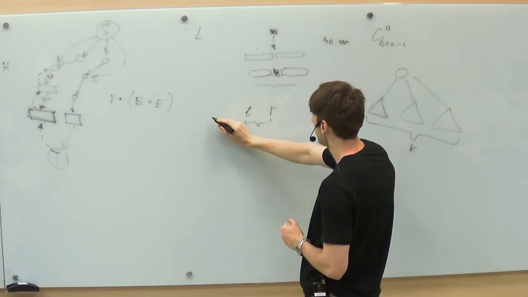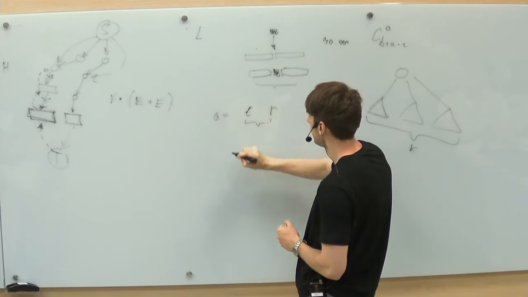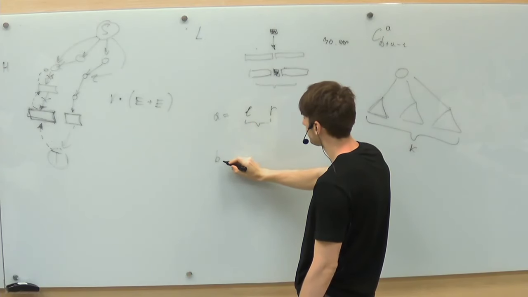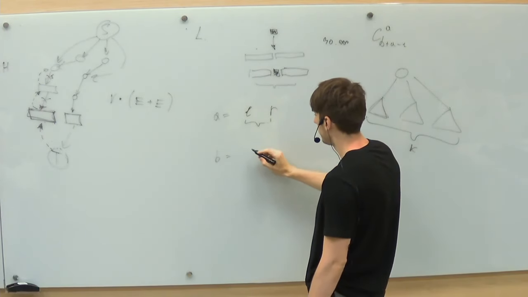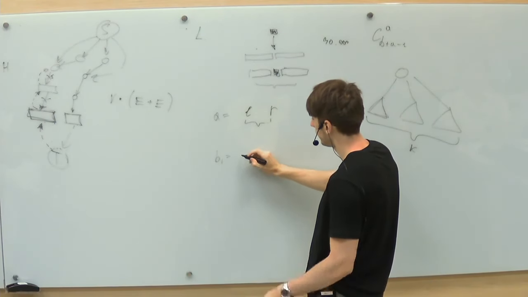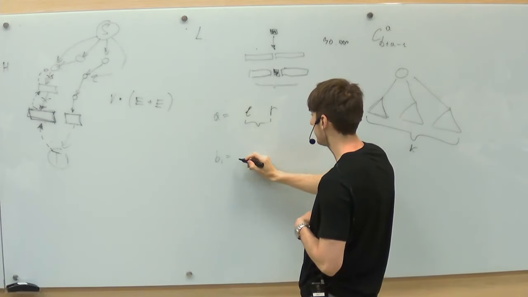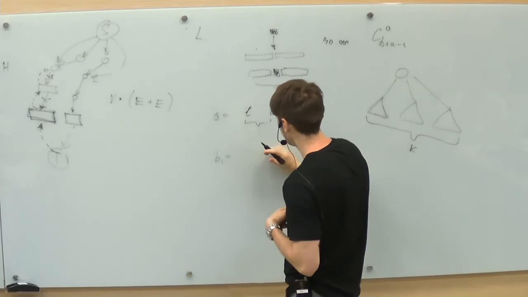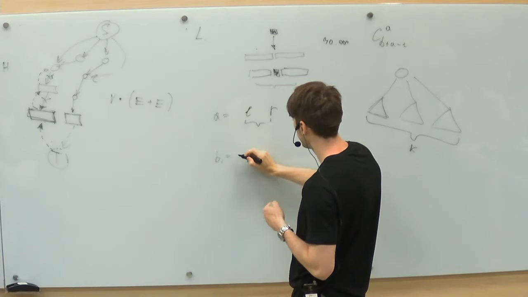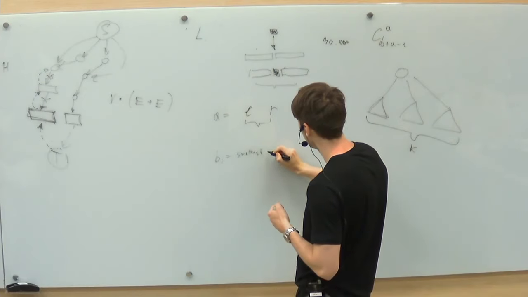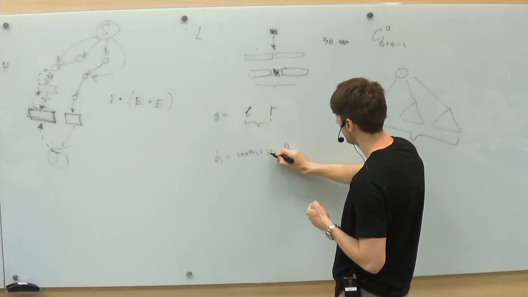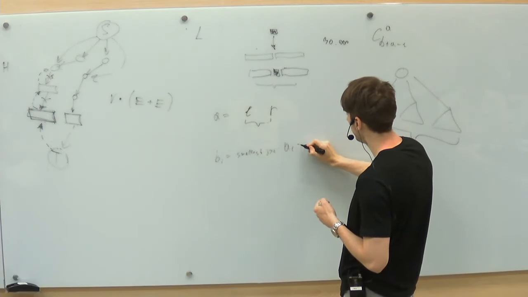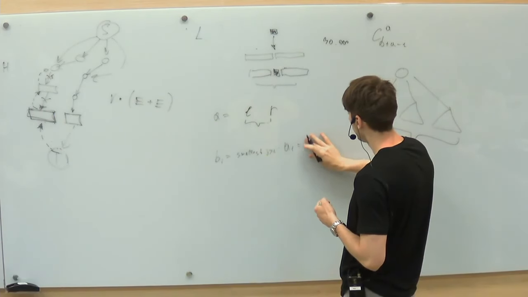If you have array A, you define the array B, where B_i is the smallest j such that A_j equals A_i.